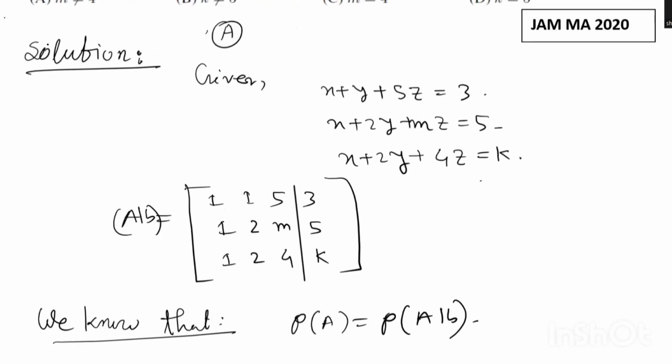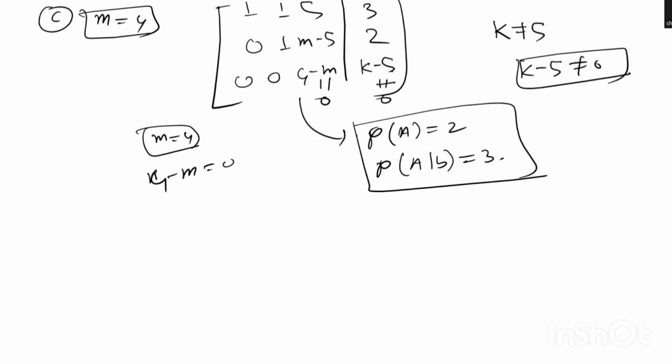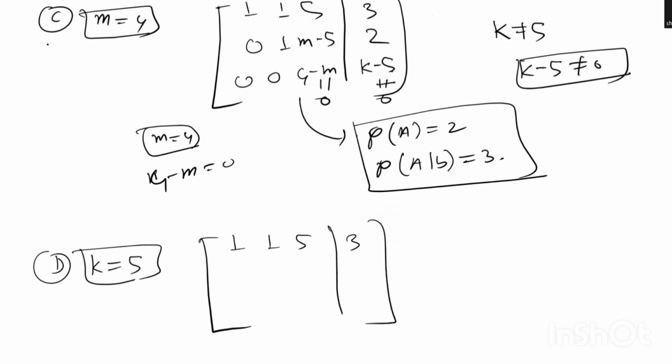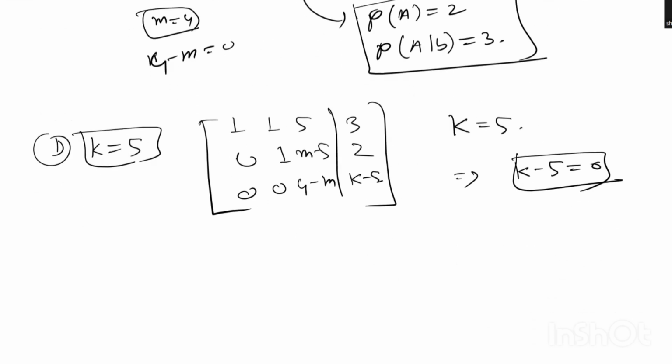Now option D: k equals 5. The given matrix is [1 1 5 | 3; 0 1 m-5 | 2; 0 0 4-m | k-5]. If k equals 5, then k minus 5 equals 0.